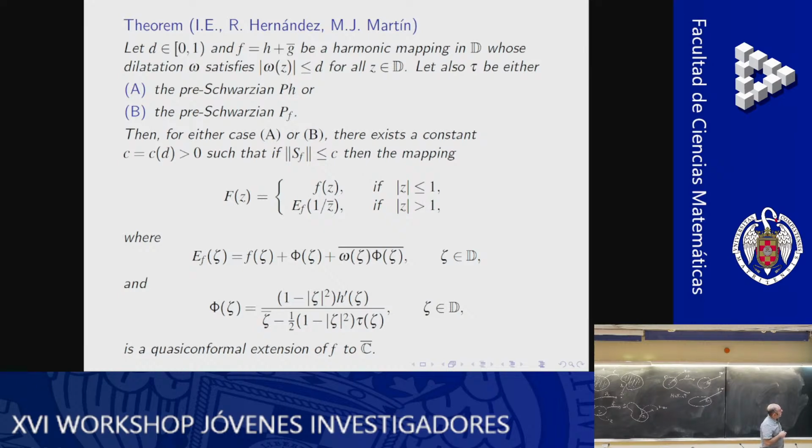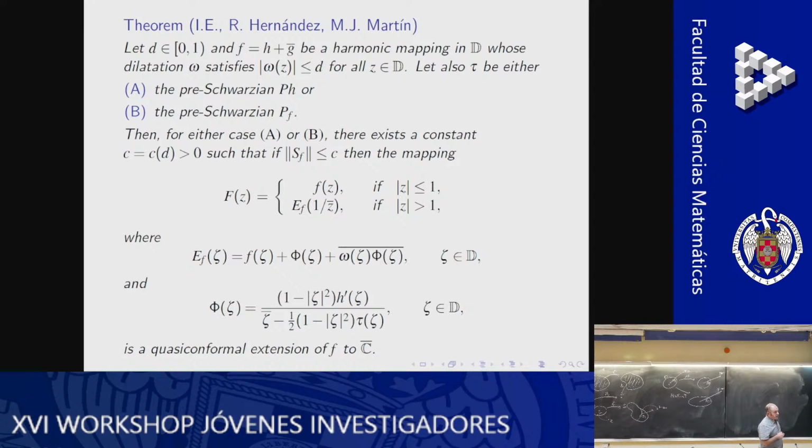Now let's read from the top. If d is a small number between 0 and 1 and f a harmonic mapping, with dilatation being bounded by d, then if tau is any of the Schwarzian of h or of f, so the theorem has its 2 cases, then there exists a constant for each case, such that if the Schwarzian is smaller than this, the extension is a quasiconformal one to the whole Riemann sphere.